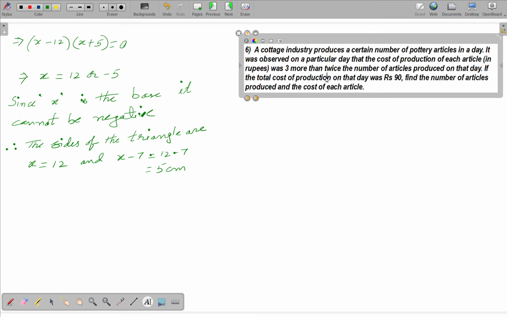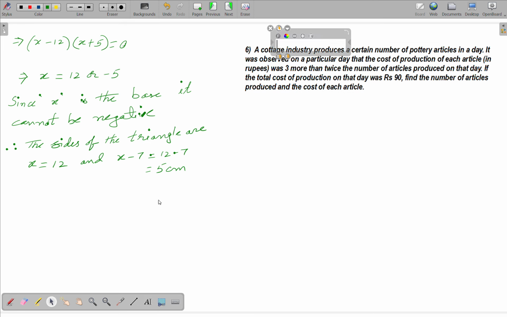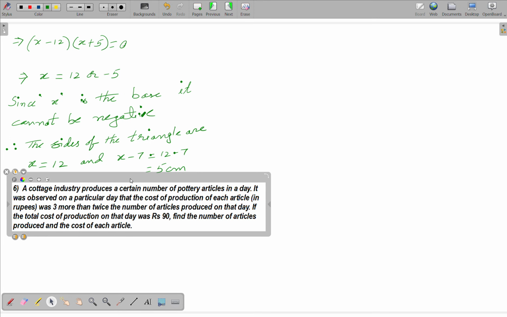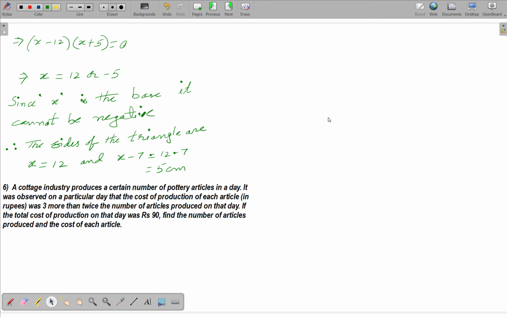Now question number 6. This is question number 6. A cottage industry produces a certain number of pottery articles in a day.